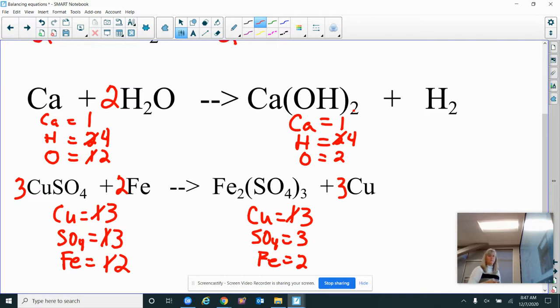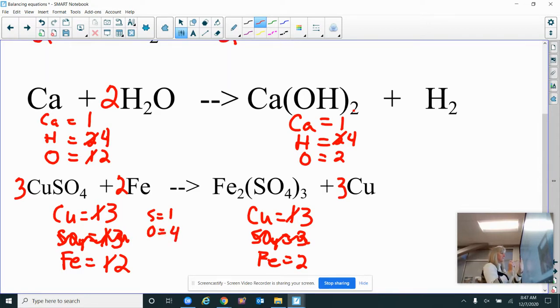If I would have taken the sulfur and the oxygen separately, I can do that. So I could have said, to begin with, I had 1 sulfur and 4 oxygens in that sulfate.